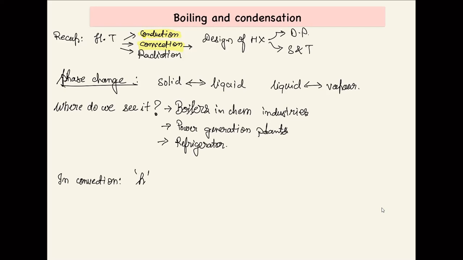And for that, we had to do a boundary layer analysis. The sole target of our boundary layer analysis was to find a good correlation for h. I hope you remember. You can always go back to that class and see how we did it and why we did it. I have discussed that in depth over there.